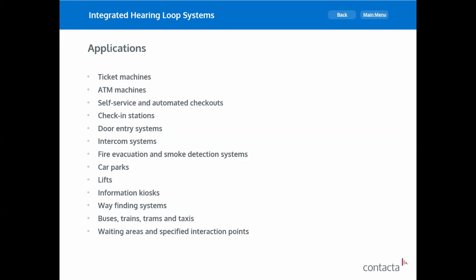That's a big category for us. Information kiosks, wayfinding systems, buses, trains, trams, and taxis, waiting areas and specified interaction points. So all of these areas, in different products and different configurations, are integrated. We offer integrated hearing loop technology too.